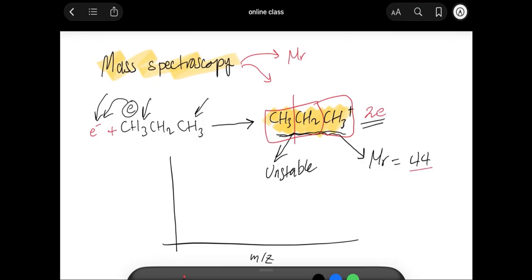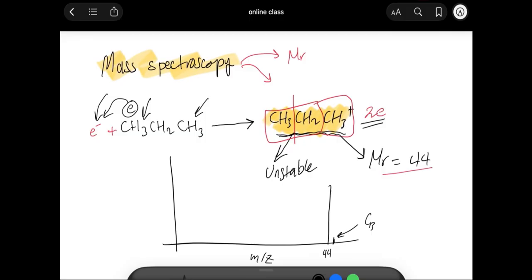As we mentioned before, we have a molar mass of 44, so it has a peak at 44 in here, and we sometimes notice a small peak here, which appears at 45, a difference of 1. So this one represents the presence of the isotope carbon 13.